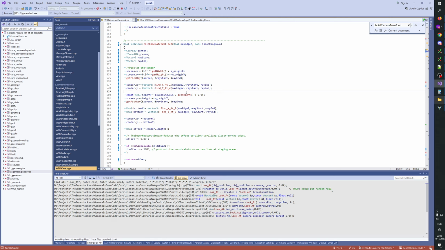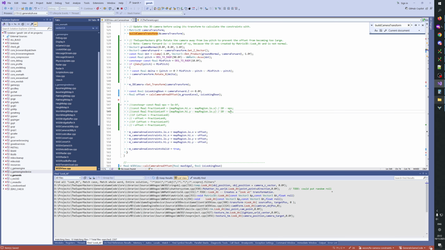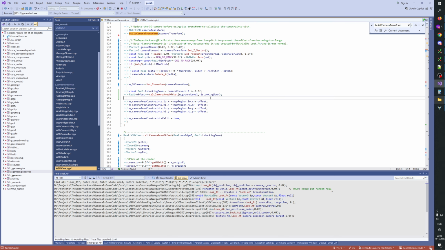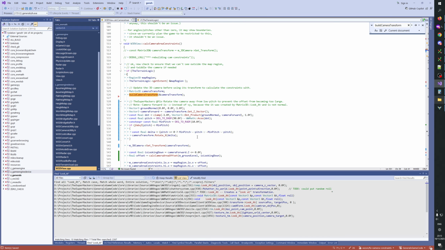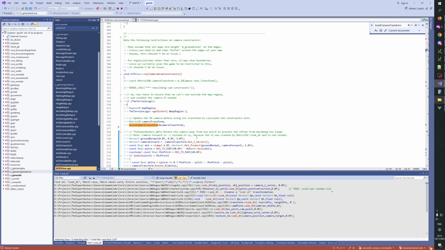Area offsets. Okay, cool. At least we fixed something. That's great. Okay. Good.